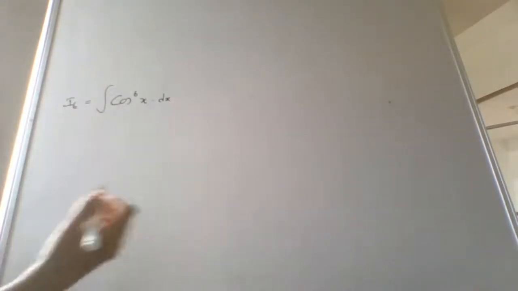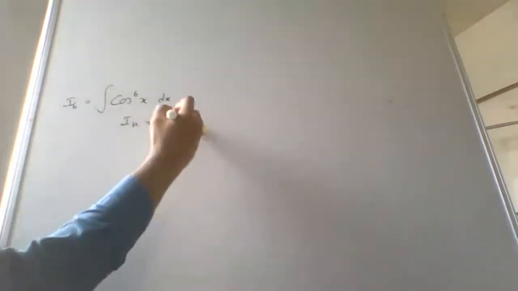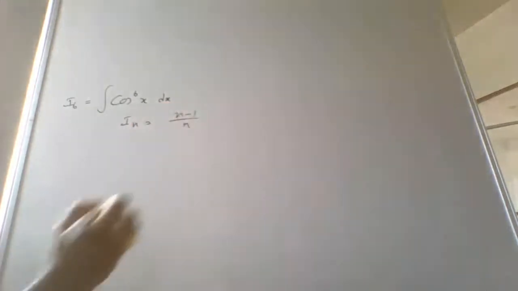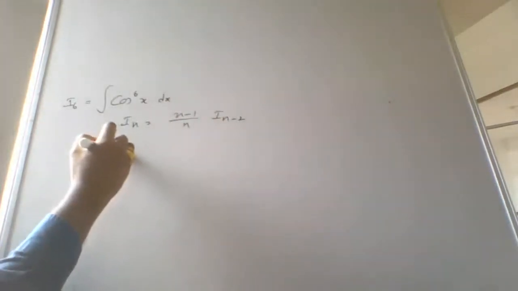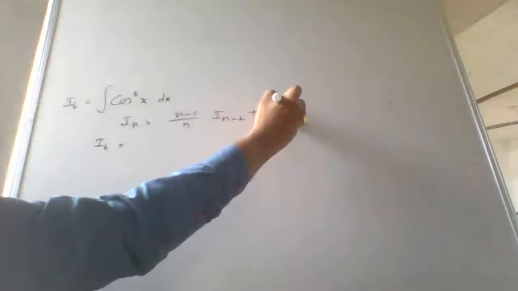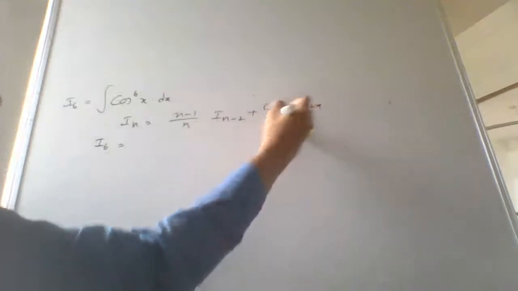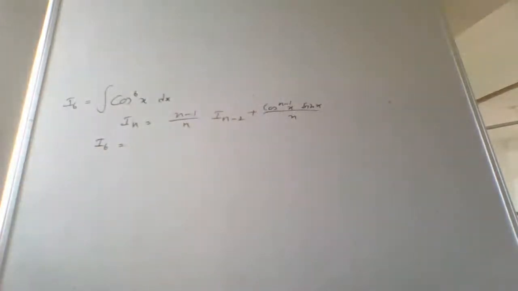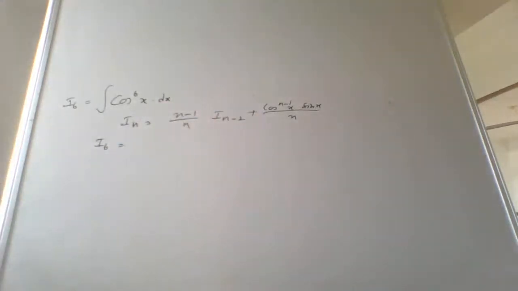So by using the formula which we had, which is In is (n minus 1) divided by n times I(n minus 2). So I6. Since we have to use the cos power n minus 1 x and sine x divided by n also, here this result is only for 0 to pi by 2, but I have it for the indefinite integral also.